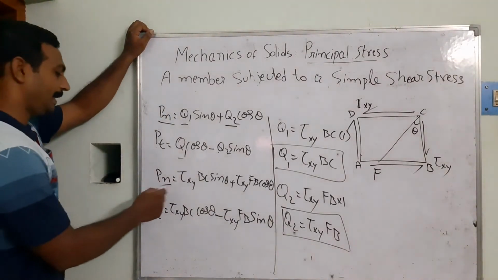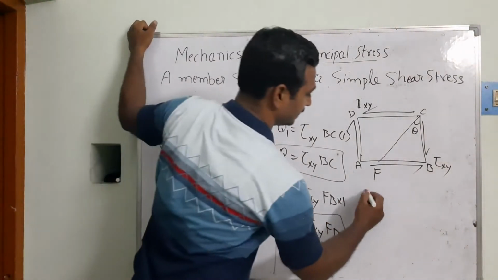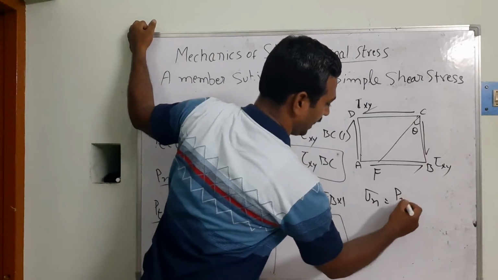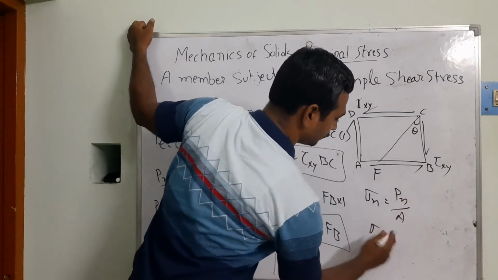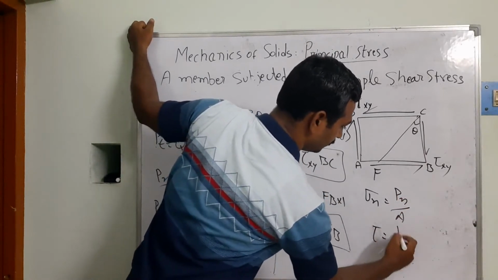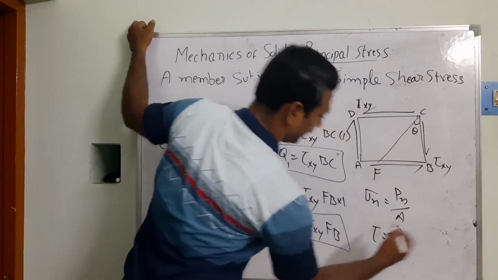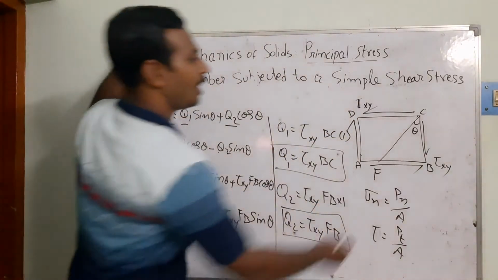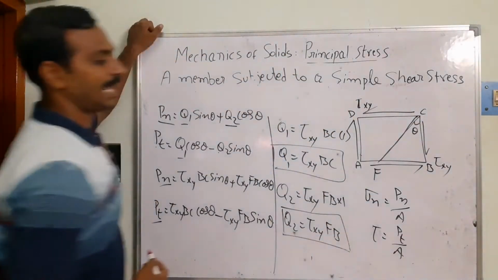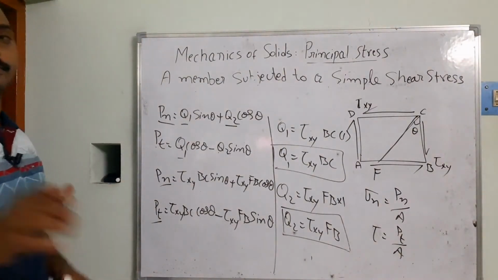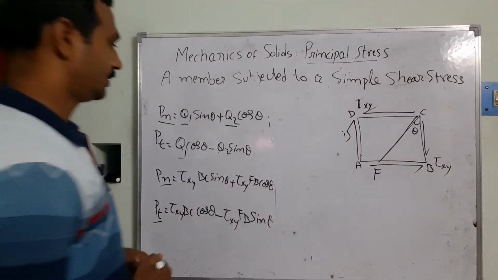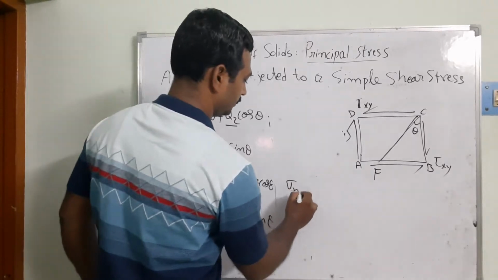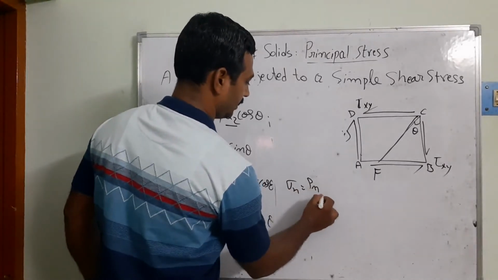So now I have Pn and Pt, so sigma n is equal to Pn by area, and tau is equal to Pt by area. That is what we need to calculate on the oblique plane. So here sigma n is equal to Pn by area.